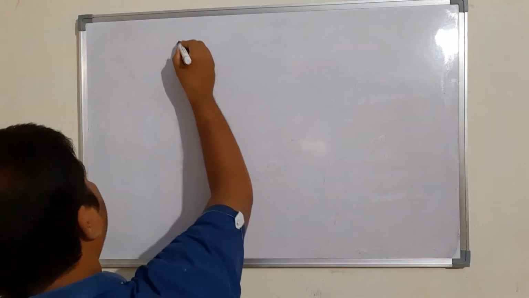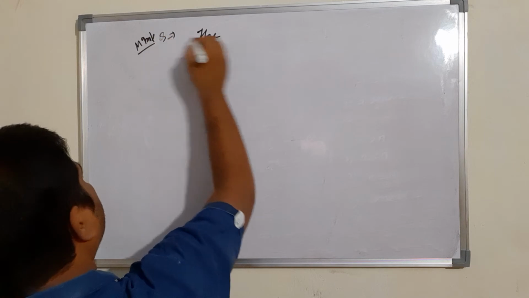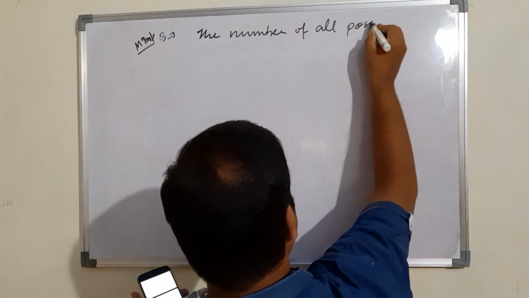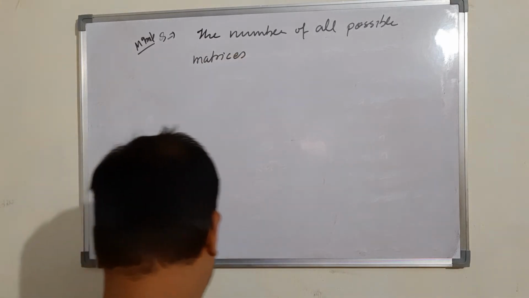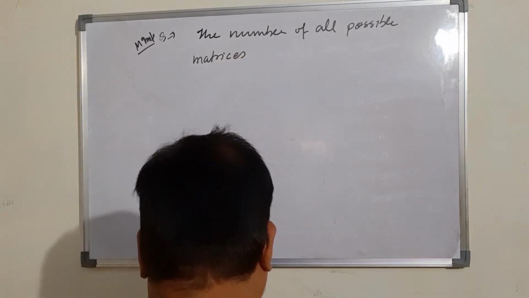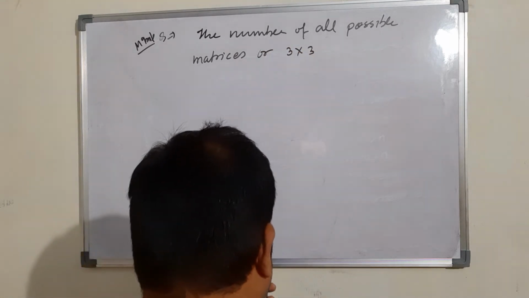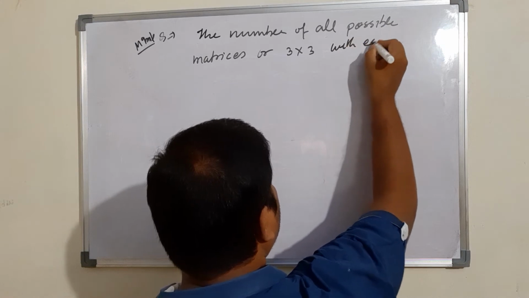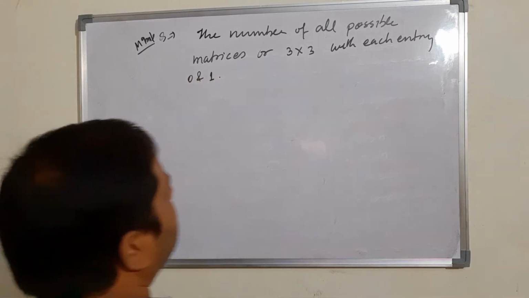The question is: the number of all possible matrices of order 3 cross 3 with each entry 0 or 1.